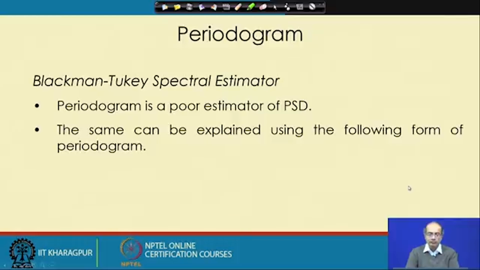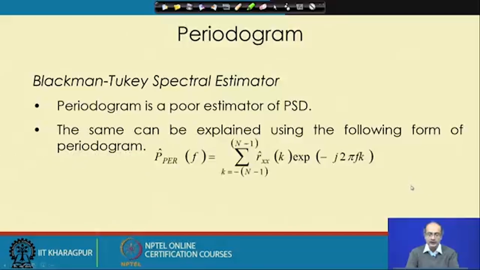Now, we can have some explanation for this, and for that we need to look back at the formula of the periodogram. In the periodogram, what we are actually taking is the estimated autocorrelation sequence instead of the autocorrelation sequence.